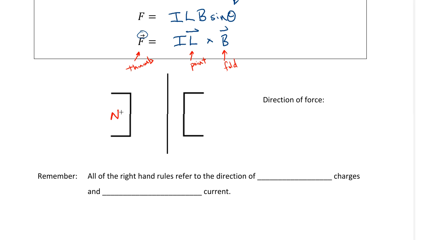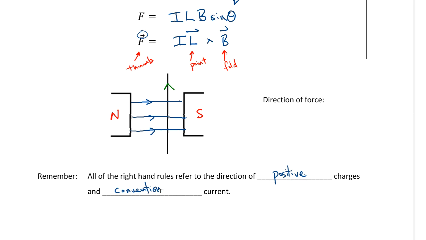Let's make this the north pole of a magnet. This is the south pole of another magnet. And therefore, our magnetic field lines would be pointing from left to right here. And they would go like this. And let's say that this is a wire with a current traveling upwards. So conventional current is moving upwards. And remember that all of these right-hand rules that we're talking about refer to the direction of positive charges and therefore conventional current.